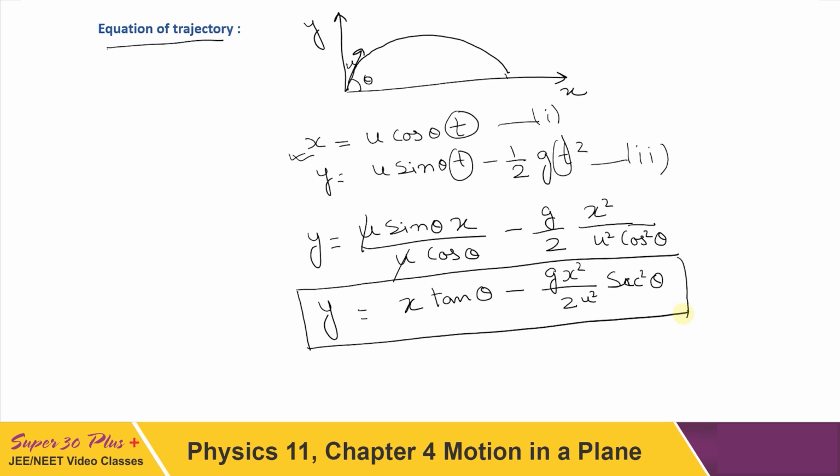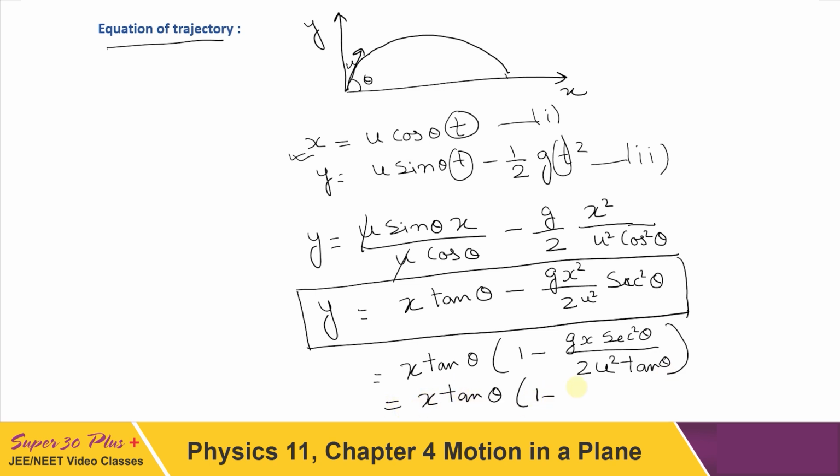The equation of trajectory can also be written as, if you take this x tan theta as common, this will come out 1 minus g x sec square theta over 2u square tan theta, as I have taken tan theta as common. Now it can be written as x tan theta into 1 minus, if x is only taken here, then it will be 2u square.